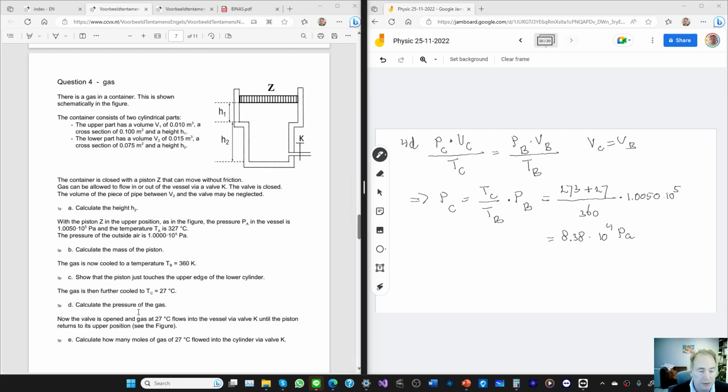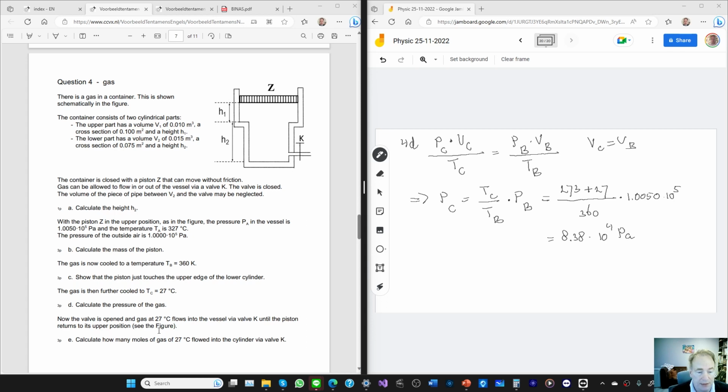Now the valve is opened and gas at 27 degrees Celsius flows into the vessel via valve K until the piston returns to its upper position. Let's see the figure.